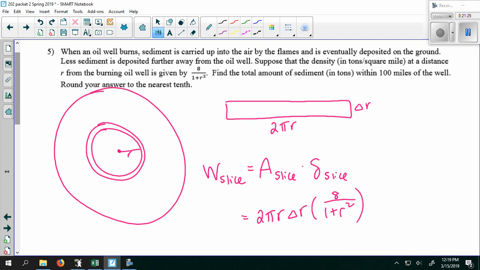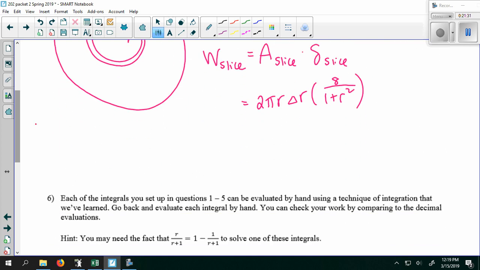So then I need to add up the weight of all my slices. So it's just the sum from i equals 1 to n of 2 pi r. Actually, I'm going to simplify this a little bit. I'm going to multiply that 2 pi r times the 8, so you get 16 pi r over 1 plus r squared delta r.